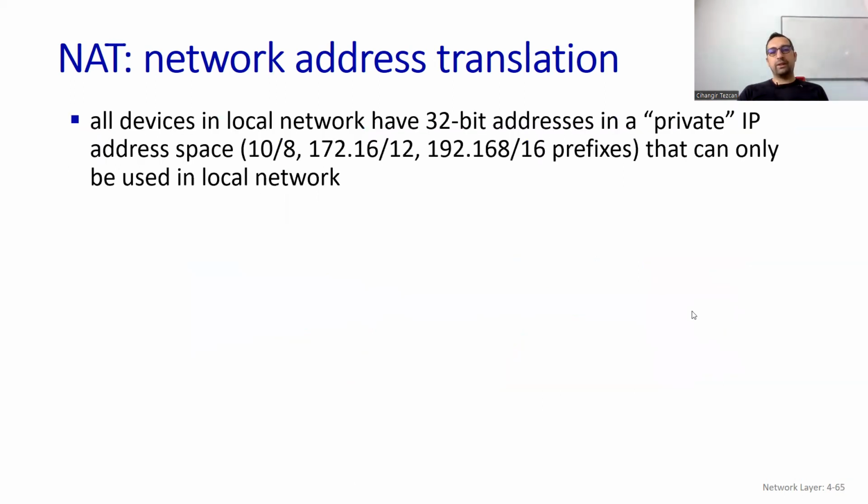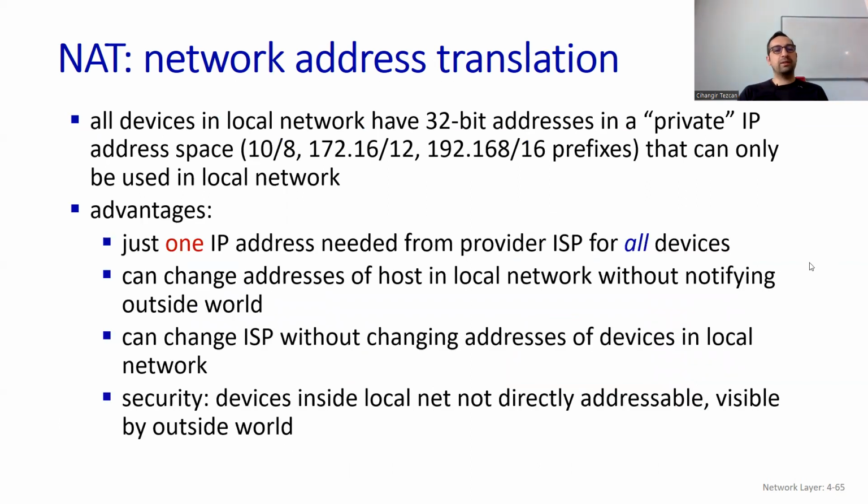All devices in the local network have 32-bit addresses in a private IP address space like this that can only be used in the local network. Advantages: just one IP address needed from the provider ISP for all devices. You can change addresses of hosts in the local network without notifying the outside world.